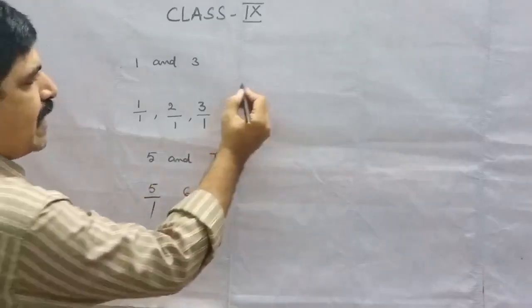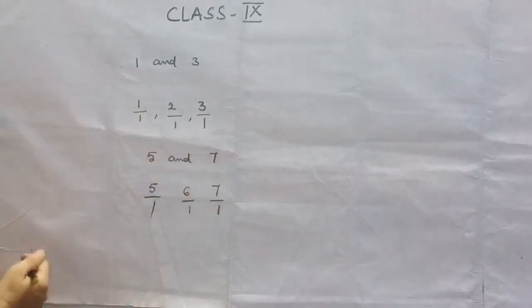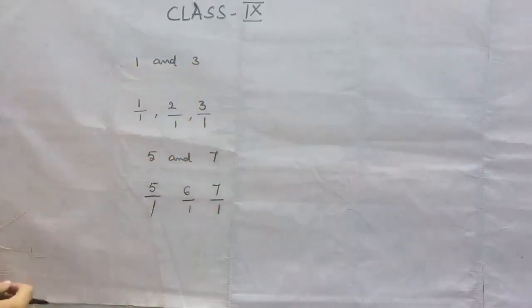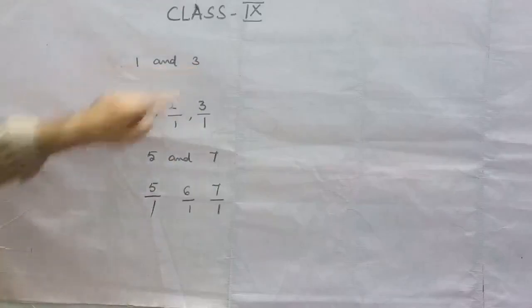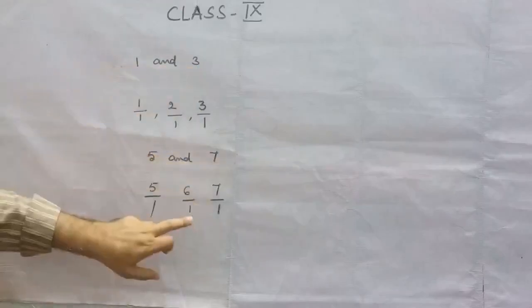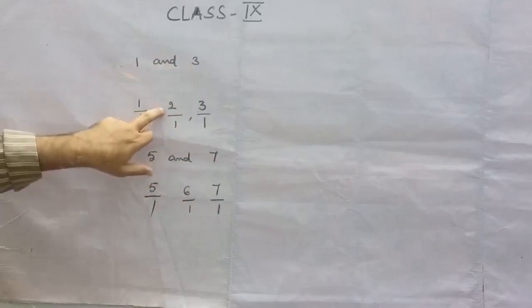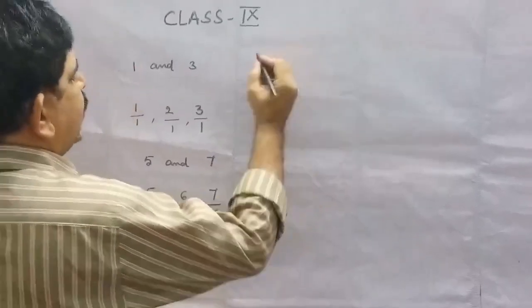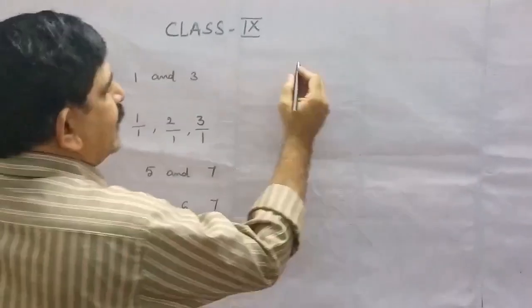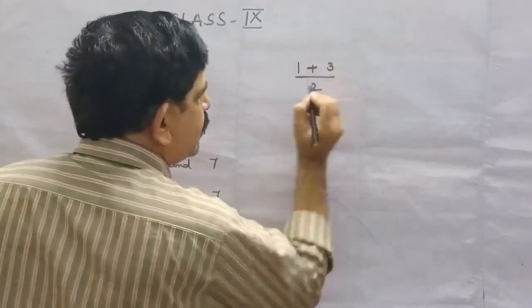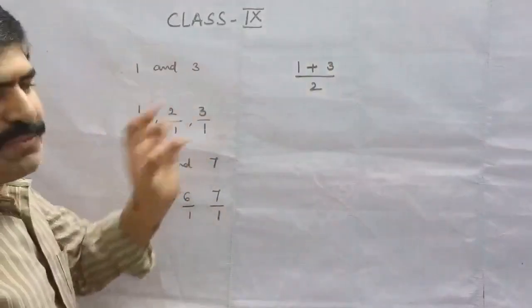This can be done in another way, that is, the average of 1 and 3. The average of 5 and 7, we get 6. The average of 1 and 3, we get 2. So 1 plus 3 by 2. What is the average formula?